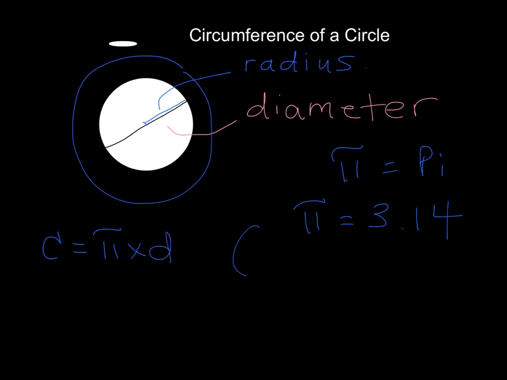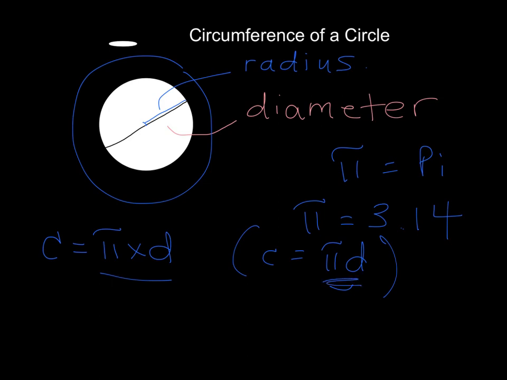Or we could write it like this, C equals pi d, because when we have a symbol or a number beside a letter and there isn't anything in between, it means multiplication. So you can write it like this, or you could just write pi d beside each other like I did on the right hand side here.